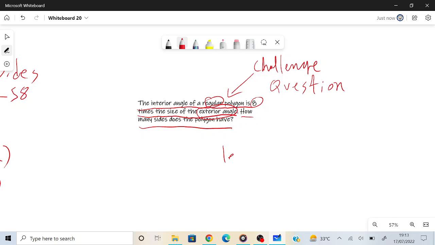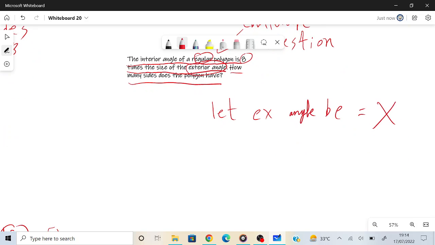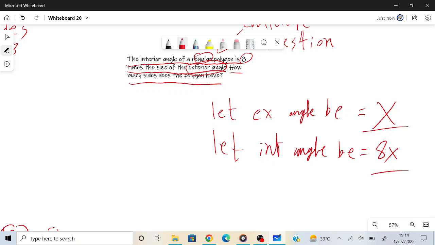So let the exterior angle be x. We're representing the exterior angle by x. Now it said the interior angle is 8 times, so let the interior angle be 8x, because it's 8 times the exterior angle, which is represented as x.